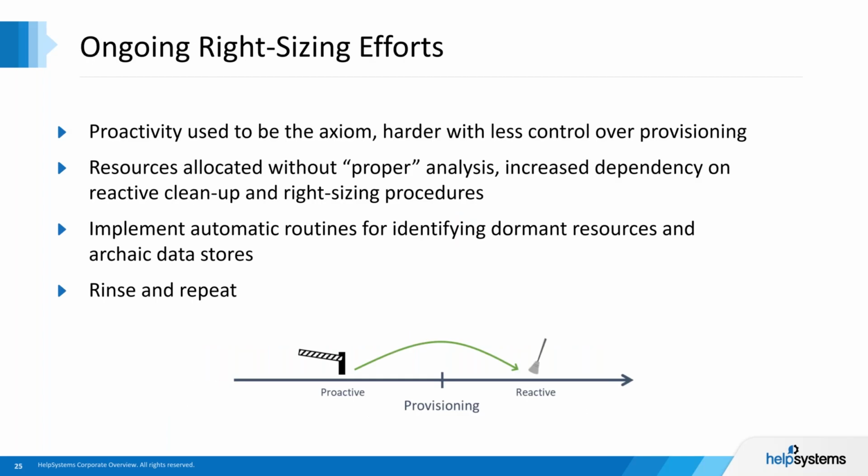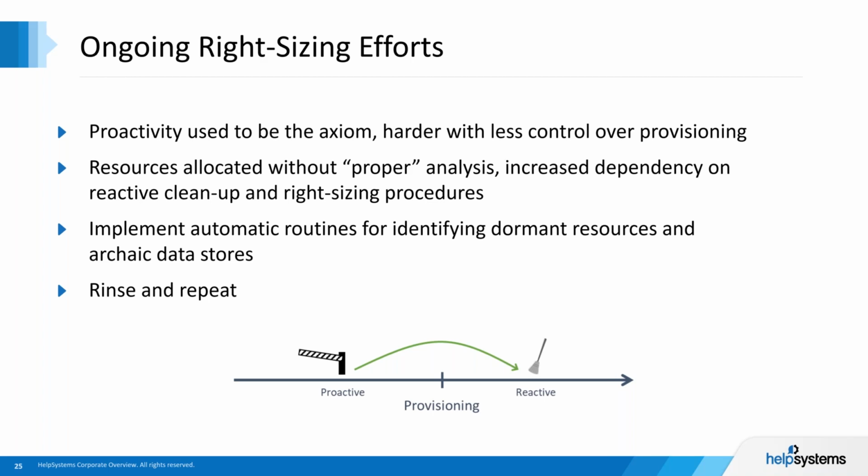You have to have ongoing right-sizing efforts. We talked about this before. Proactivity used to be the axiom for how you did capacity management. But since you lose some of the control over the provisioning, and a lot of the provisioning is happening by automation, with this infrastructure as code approach, you need to do retrospective analysis where you try to identify dormant resources or archaic data stores that aren't being used anymore and reclaim those or turn them off.